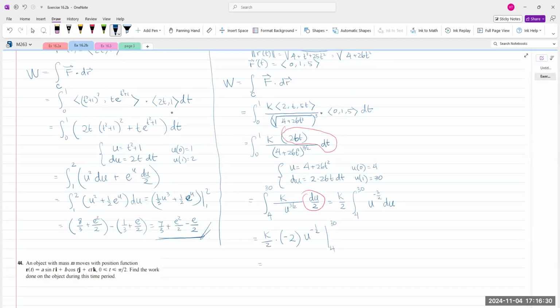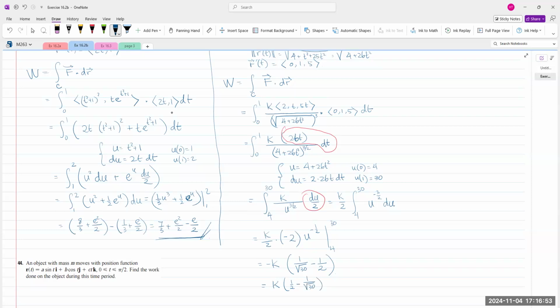So that will be negative k, and then negative k, and then 1 over square root of 30 minus 1 over square root of 4. That's what I get. Or we can say this is k times 1 half minus 1 over square root of 30.